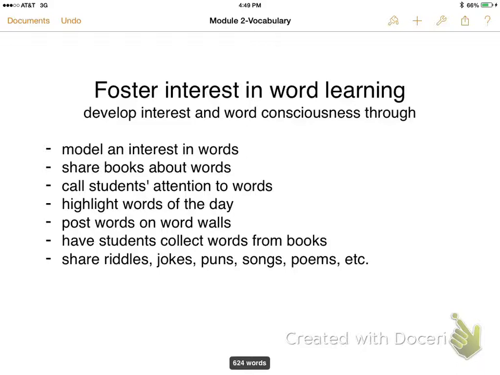I have a good friend who teaches kindergarten, and the first few weeks of school, she teaches her kindergartners the word relevant. She does it because, if you've ever worked with kindergartners or 5 or 6 year olds, their minds wander and they want to tell you stories that have nothing to do with the topic.